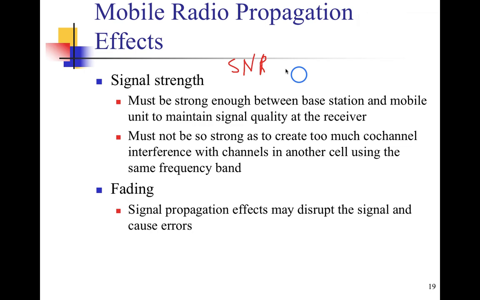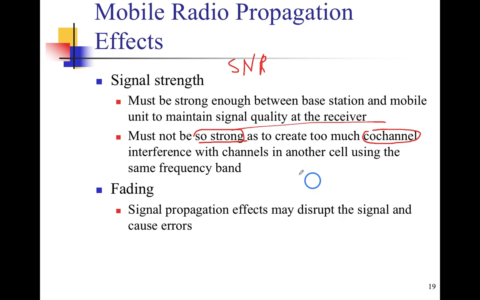The communication is adjusted by the base station, as we will see later on, and it must not be so strong. Why? If it is too strong, it will create co-channel interference.